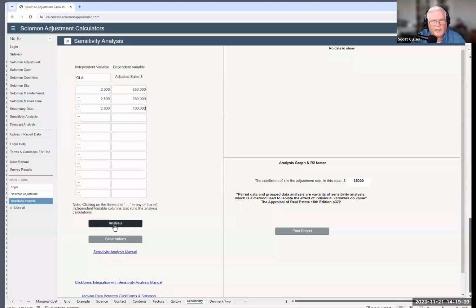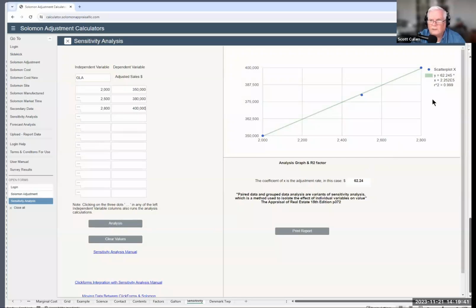When I click analysis, I get 2 things. I get an adjustment rate, $62 per foot, but I also get this very high coefficient of determination, like saying everything else before these adjustments is either very good or very lucky, but we're finding that the big difference now after everything else is adjusted is GLA, and that's the number.